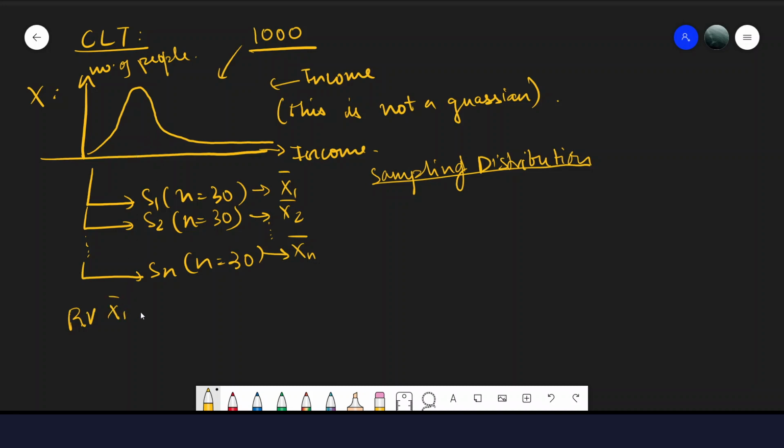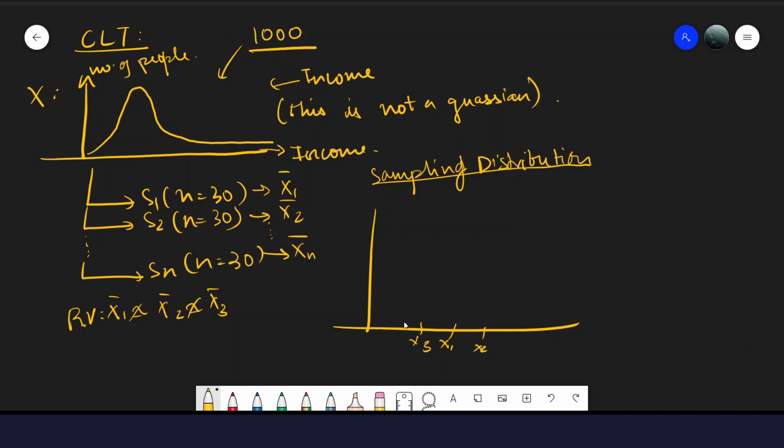x1 dash will not be equal to x2 dash, will not be equal to x3 dash. It can be equal, but it's a random variable that can take different values, right? So all of these means are random variables as well. If you take these means and you make a distribution of those means, if you take x1 and you plot it for a PDF, then you take x2, then you take x3, right?